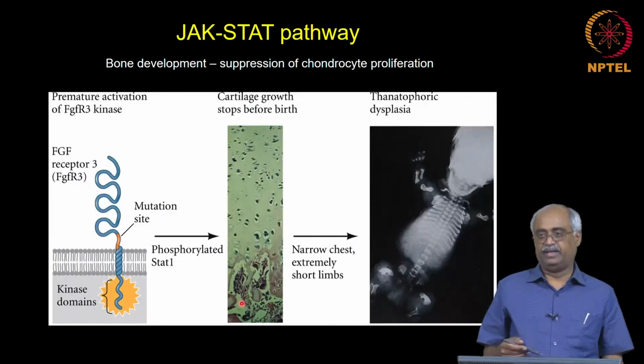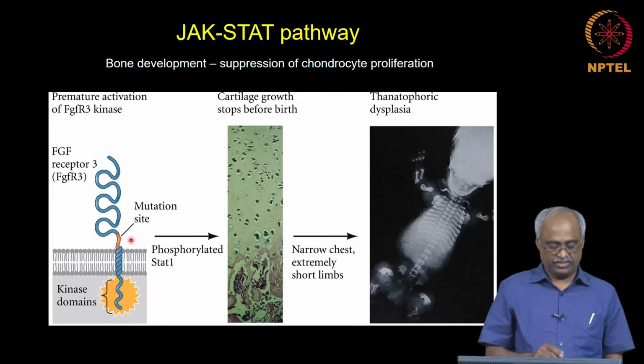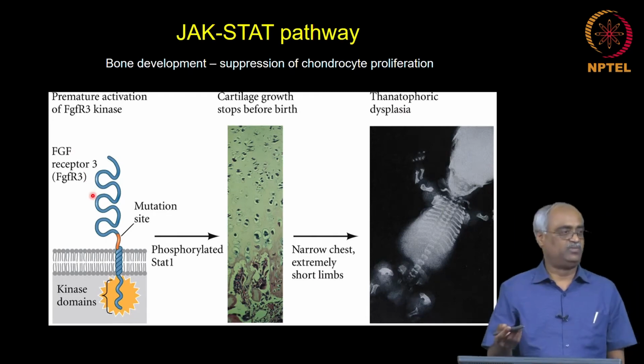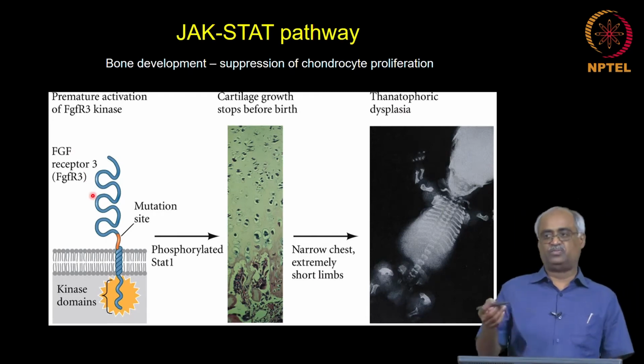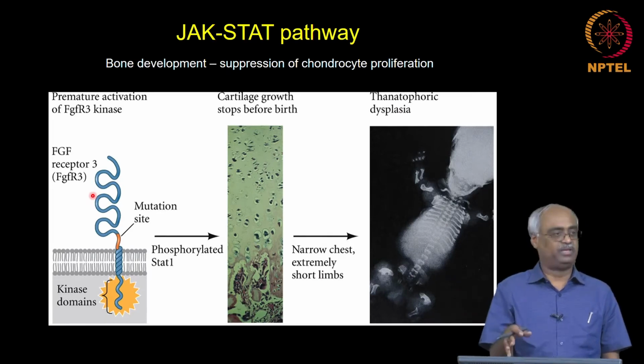So, here is an example of a mutant condition. Here there is a mutation in the extracellular domain of this FGF. Remember this entire thing is called FGF, right, fibroblast growth factor family. In that we saw RTK, and now we are seeing STAT as a small variation on the same group.